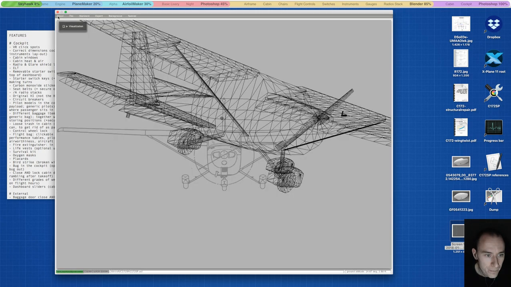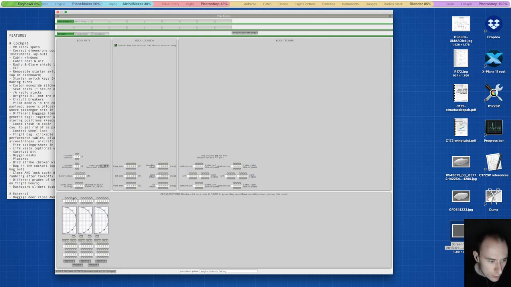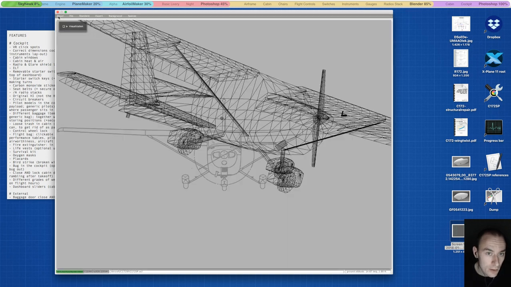No, I did not do that right, I think. This is not the skid. I think this is the exhaust pipe, and this is the... No, this is the Pitot tube.